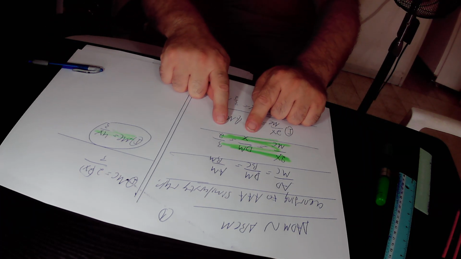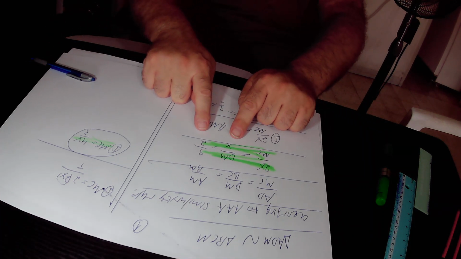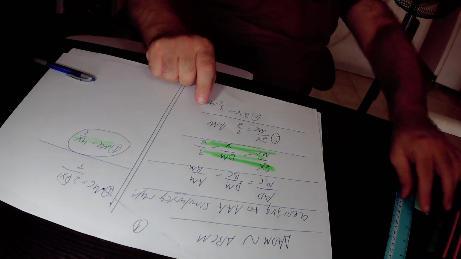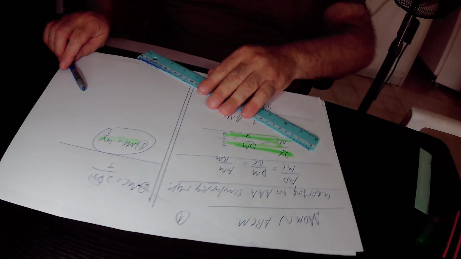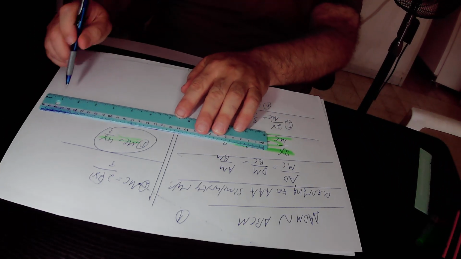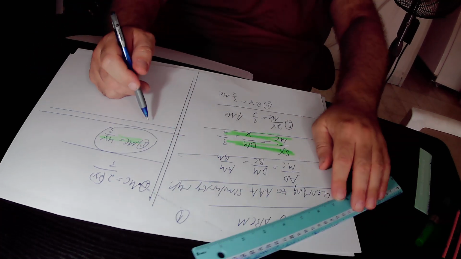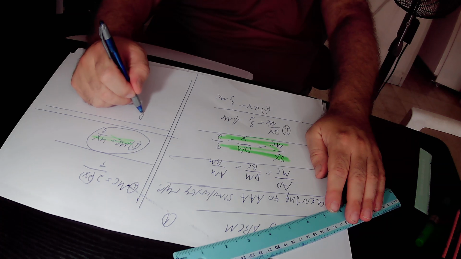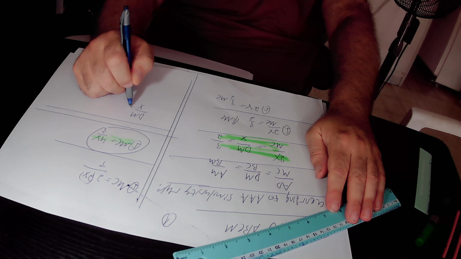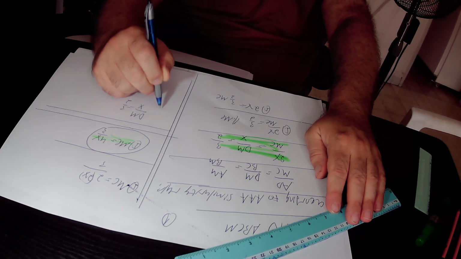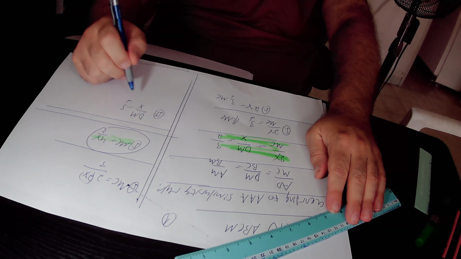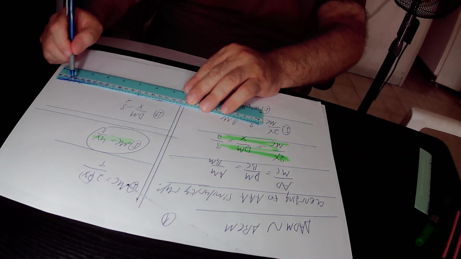Those two expressions are also equal to each other, so we get equation 2. According to equation 2, we get that DM over x equals 3 halves.